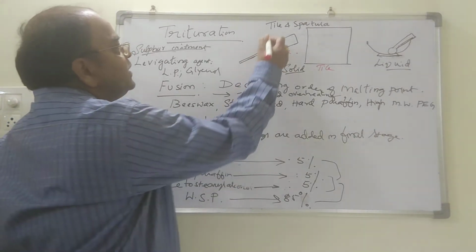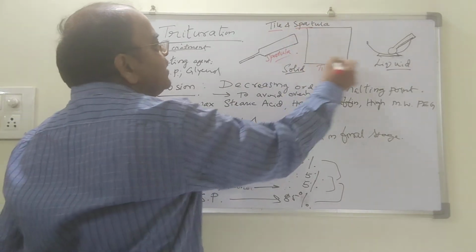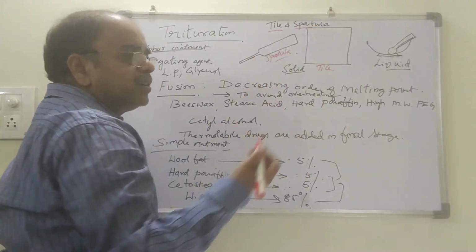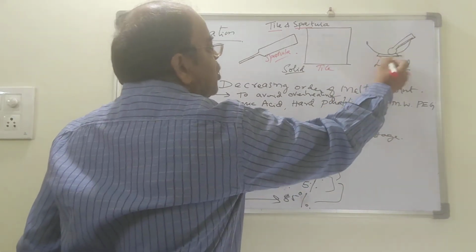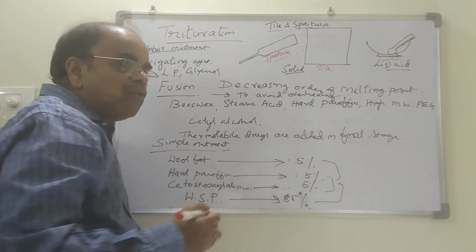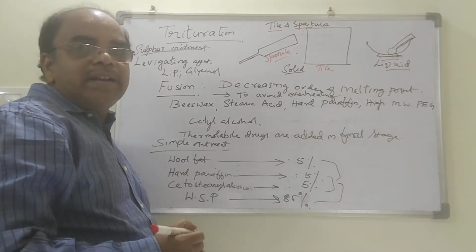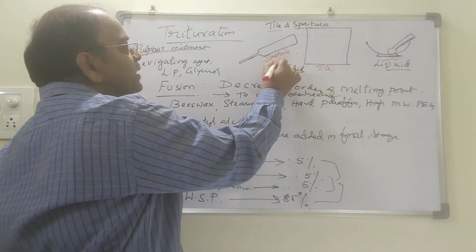We can use either the tile and spatula method. This is a tile and this is a simple spatula, a knife-like structure. Or we can use the mortar and pestle method. If you want to incorporate the solid medicament, preferably we use the tile and spatula method.